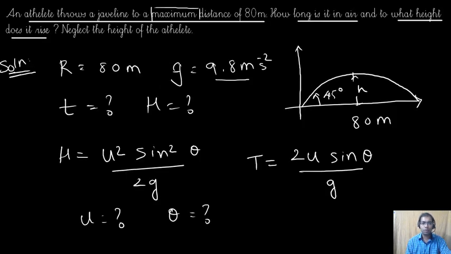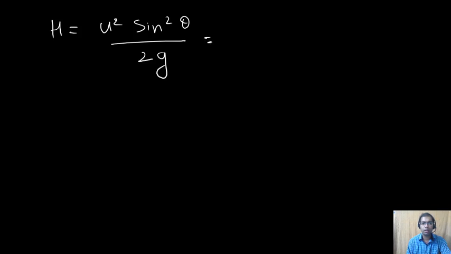Now we can proceed to calculate both the height as well as the time. So the height is given by this expression, u square sine square theta by 2g.